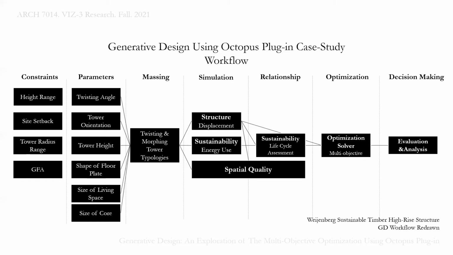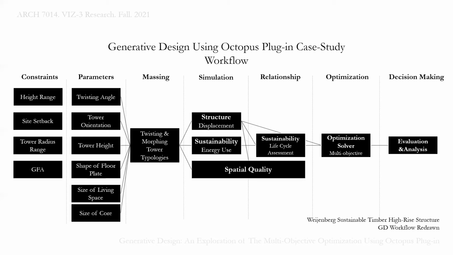And then they have parameters: the twisting angle, since they wanted to design something that is twisting, the tower orientation based on the sun, the tower height, the shape of floor plates, the size of the living space, and the size of the core. These are the control parameters. As you can see, these are all elements that the designer himself inputs to the machine.